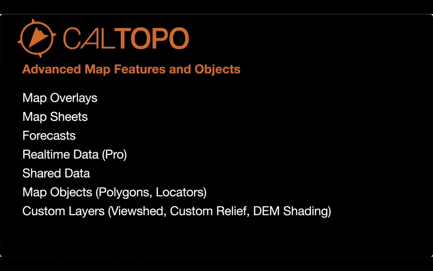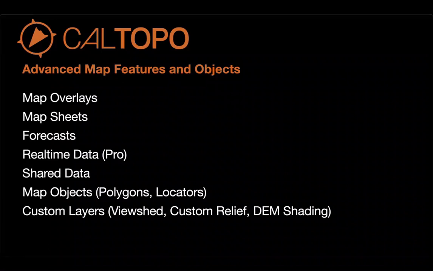Then we'll go through some of the other features in the right-hand column, like forecast. There's some real-time data, satellite imagery, and forecast, but those are restricted to pro-level accounts.